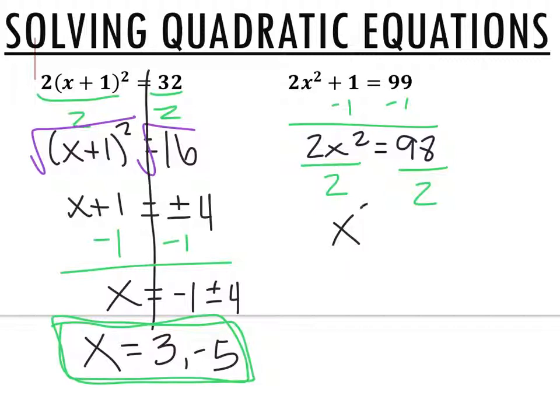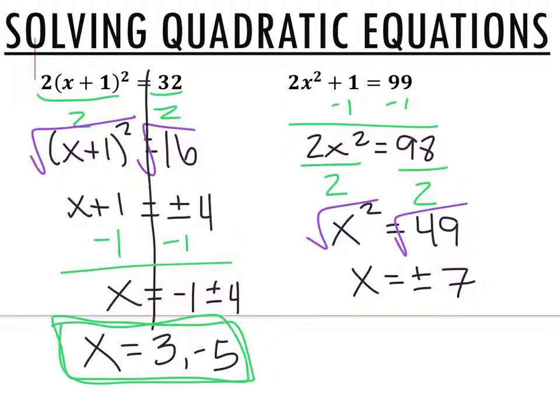So I'm left with x squared is equal to 98 divided by 2 is 49. The thing that's squared is by itself, so now you can square root both sides. X is equal to the square root of 49, plus or minus 7. So that means that the answer is a positive 7 and a negative 7.